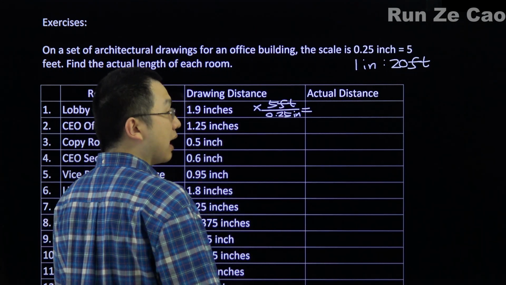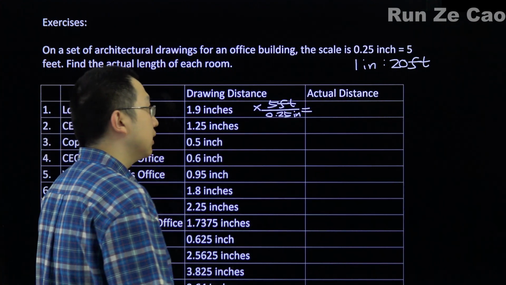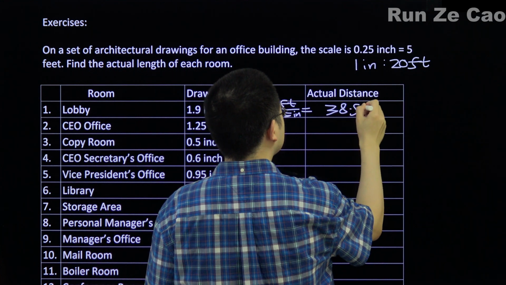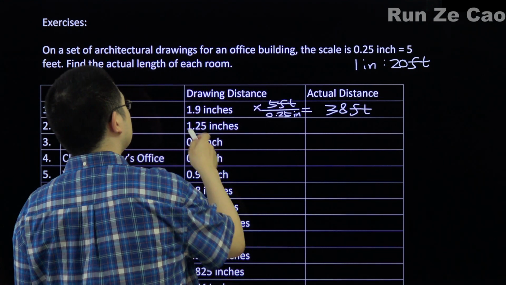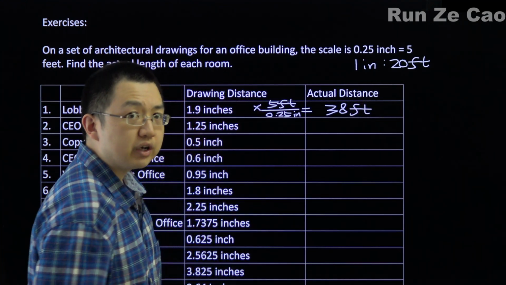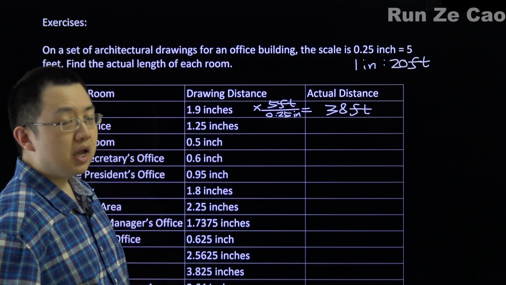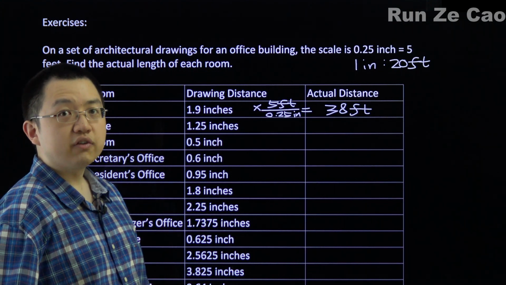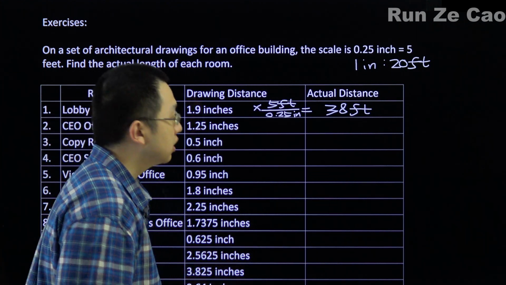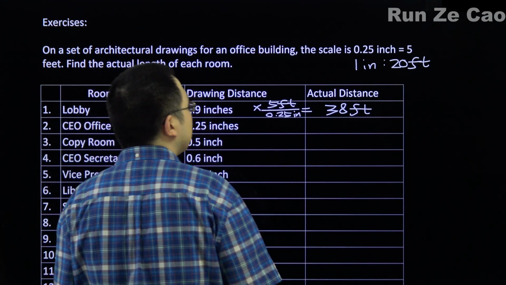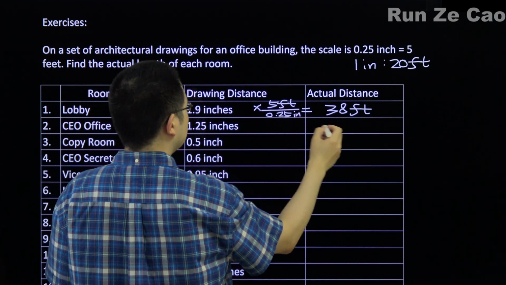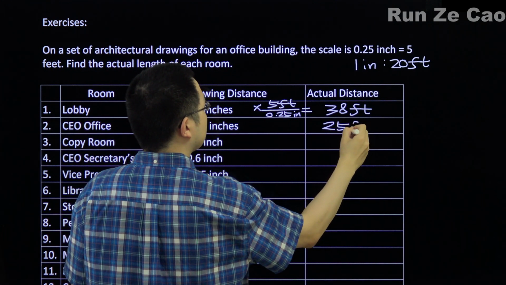You just multiply by 20 and change the units to feet, which gives you 38 feet. 1.25 inches times 20 feet per 1 inch. Yeah, it's very useful to convert your scale into a unit rate. If you convert it into a unit rate, you can just do a simple multiplication. 1.25 inches times 20 feet per inch gives you 25 feet.